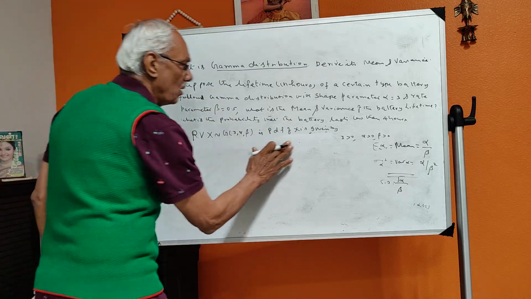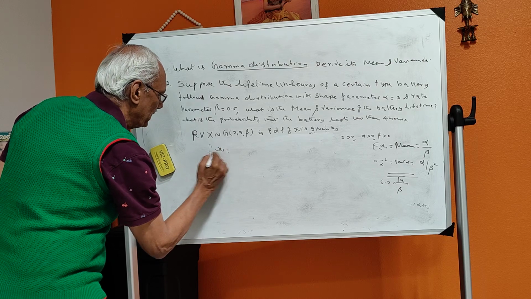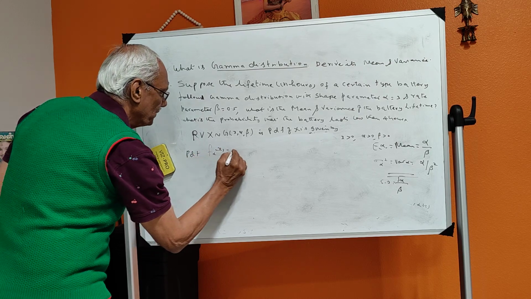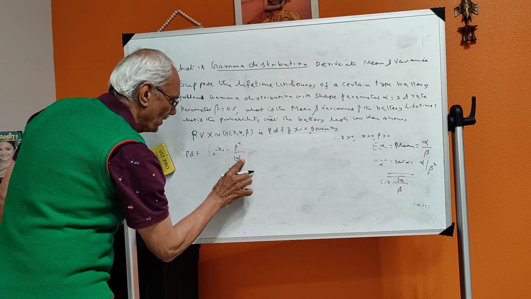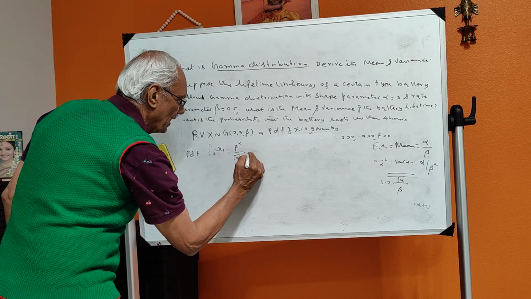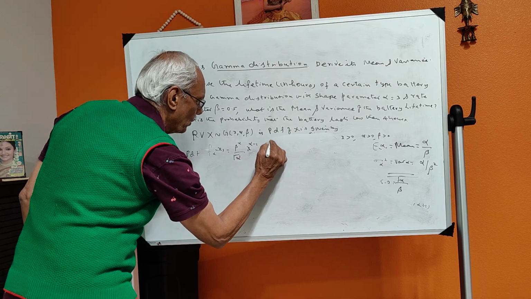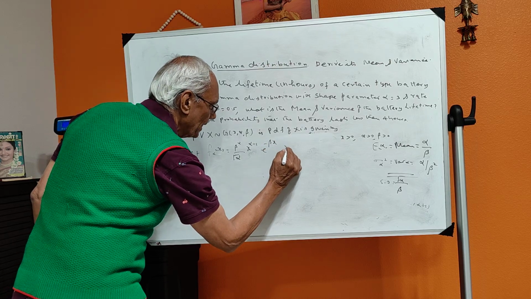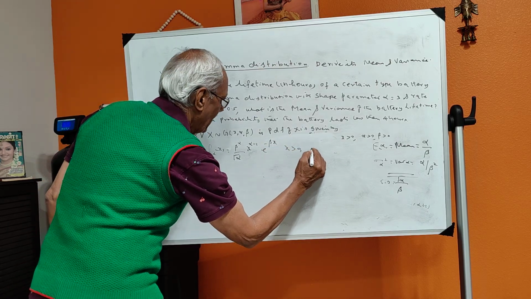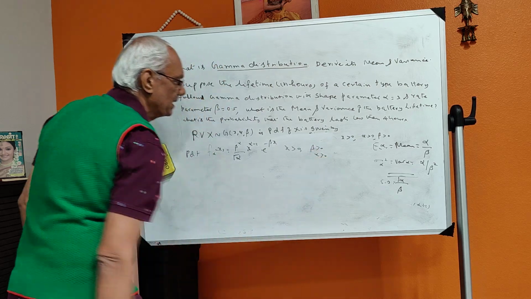If it follows a gamma distribution, we know that the PDF is beta to the power of alpha divided by gamma of alpha, x to the power of alpha minus 1, e to the power of minus beta x, where x is greater than 0, beta is greater than 0, alpha is greater than 0.